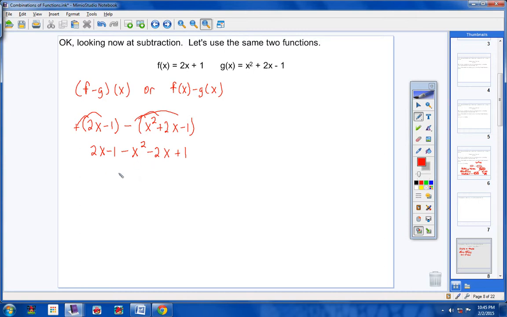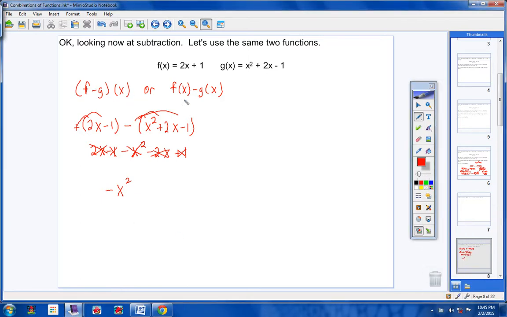Now combine your like terms. Negative x squared, there's only one x squared term, so I'm done with that. Here's a positive 2x and a negative 2x. They cancel out. Here's a positive 1 and a negative 1, and they would also cancel out. So when you subtract these two functions, you're getting negative x squared.